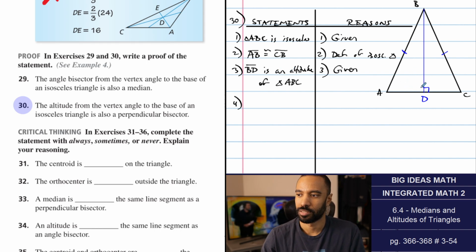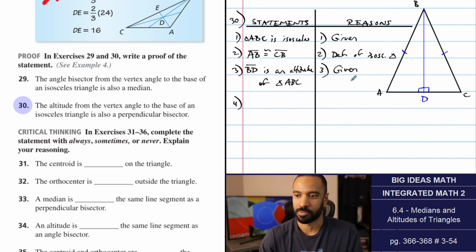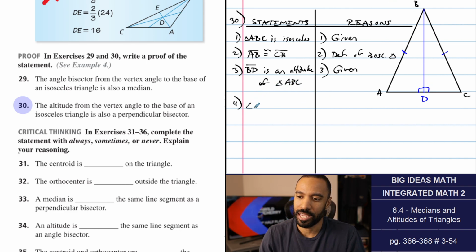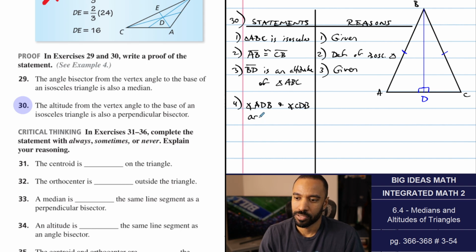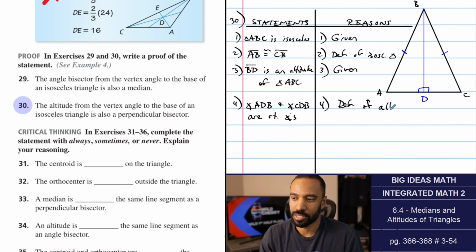Sorry if it seems like it is a skip step. Sorry, book. So angle ADB and angle CDB are right angles by definition of altitude. I'll go straight to that. Sorry if a step is skipped.